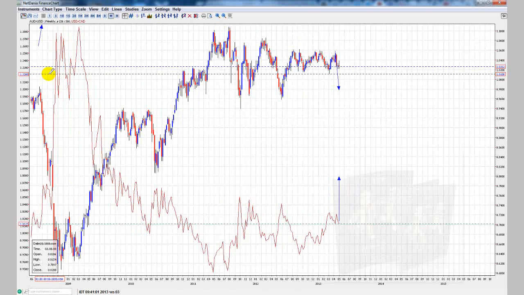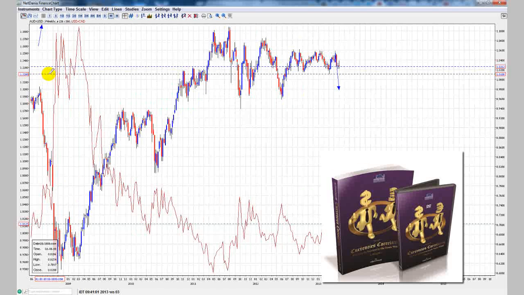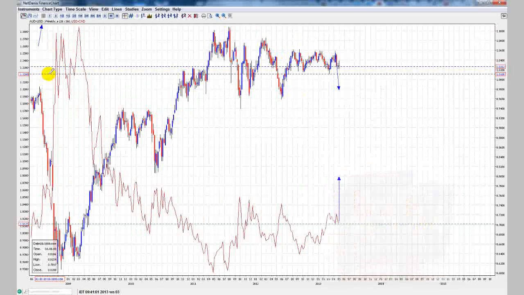Why is it so important? We are dealing here with two kinds of currencies. Those currencies, when they are strong, they are both strong, and when they are weak, they are both weak.